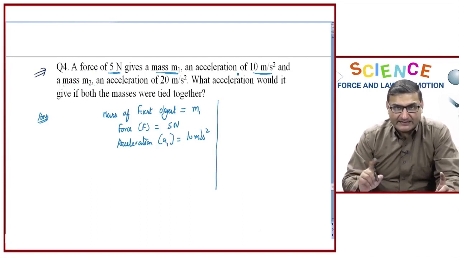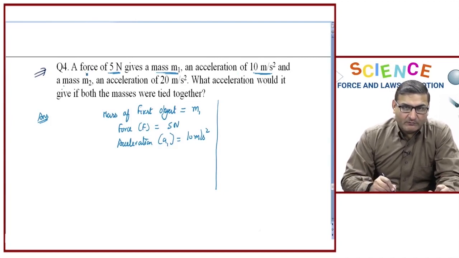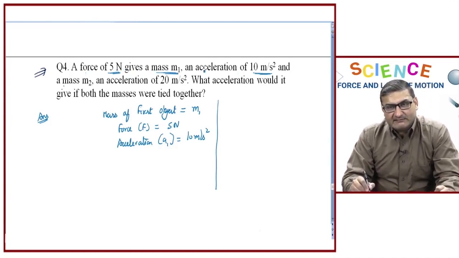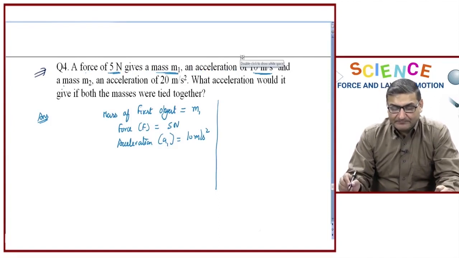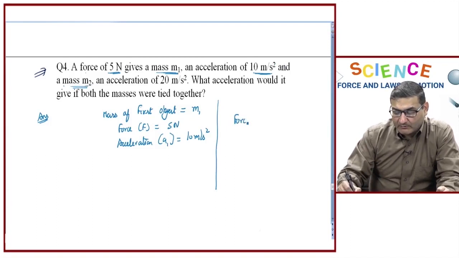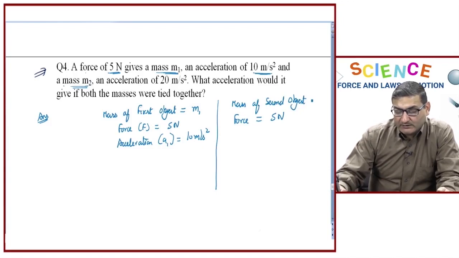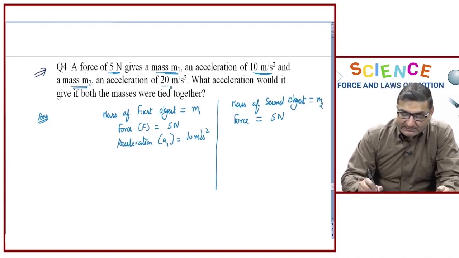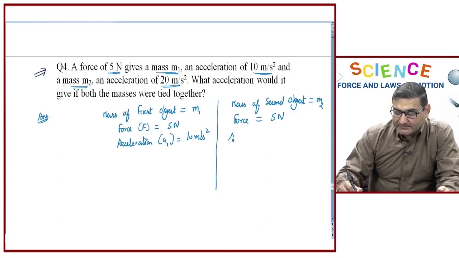Try to relate. I repeat the question once again. A force of 5 Newton gives a mass m1 an acceleration of 10 meter per second square, and a mass m2, that means the amount of force remains the same, and now the mass of the second object, there is another object whose mass is not given to us, it is given as m2, not any numeric value, an acceleration of 20 meter per second square.